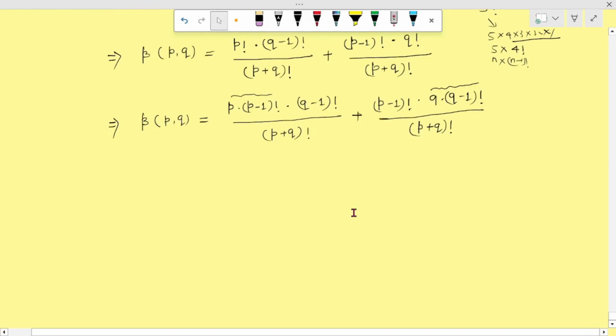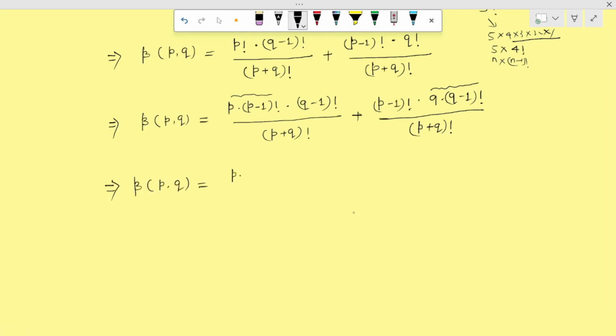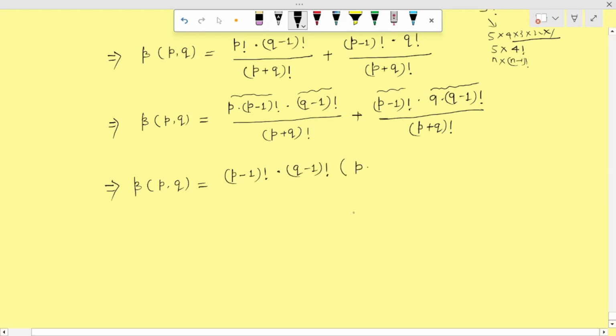What we can get, that implies beta(p, q) will be equal to p into, here (p-1) factorial (q-1) factorial are common, so I can take common from these two terms (p-1) factorial into (q-1) factorial, then the numerator will be p plus q, as the denominators are the same, so we write (p+q) factorial. Simple addition.